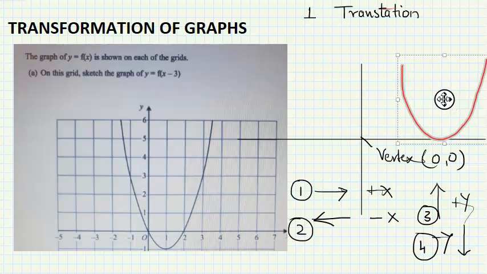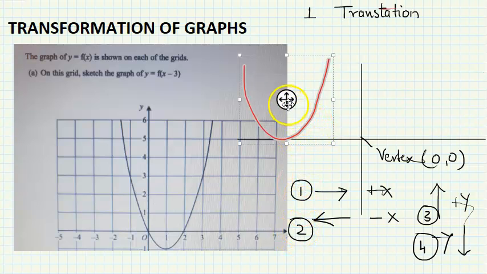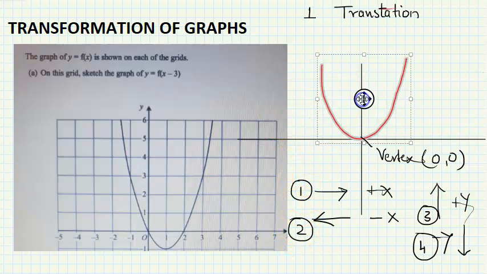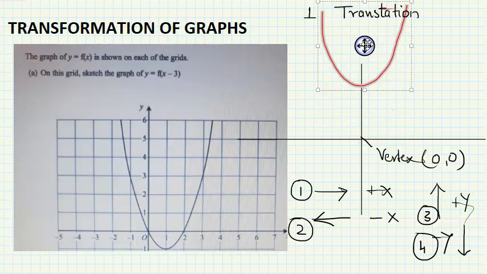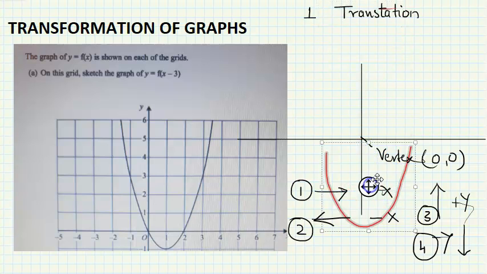This is the first one, first shifting. Second is negative direction of x. Then we have positive direction of y, this shifting. And this is the fourth shifting. So the shape of the graph will remain the same and it will just keep on shifting.